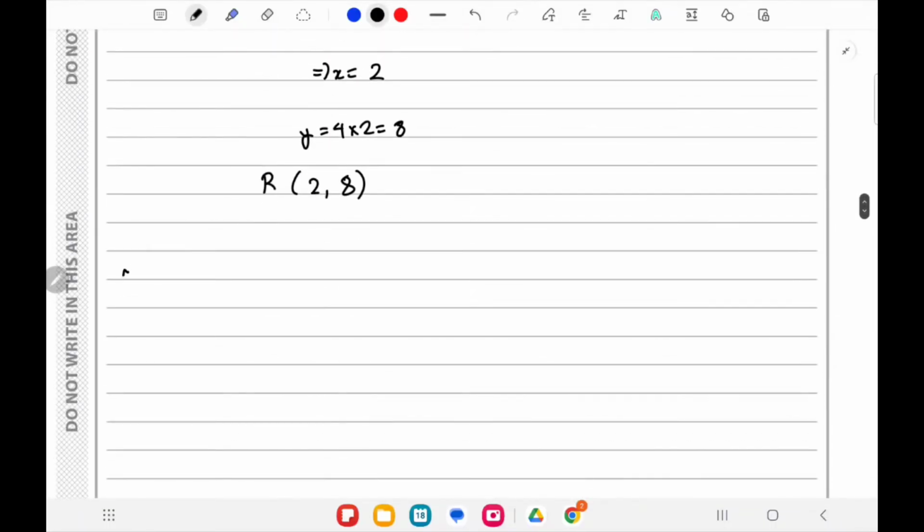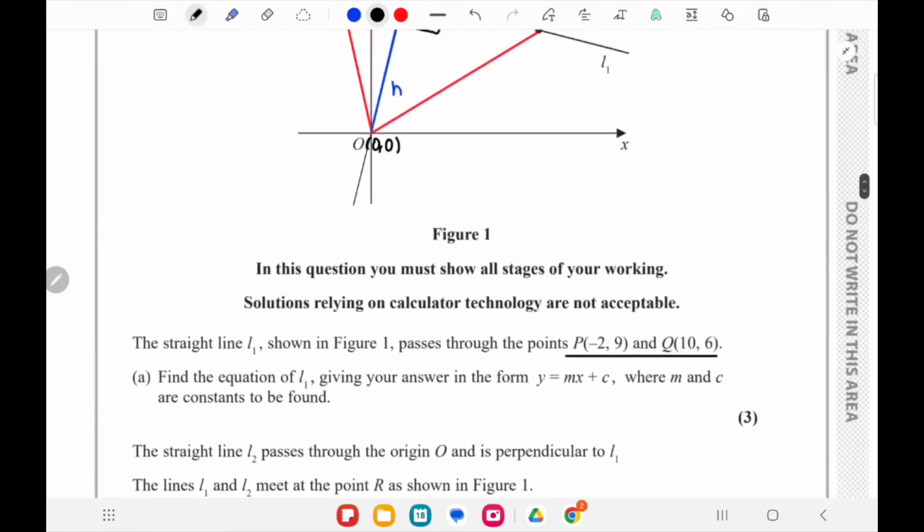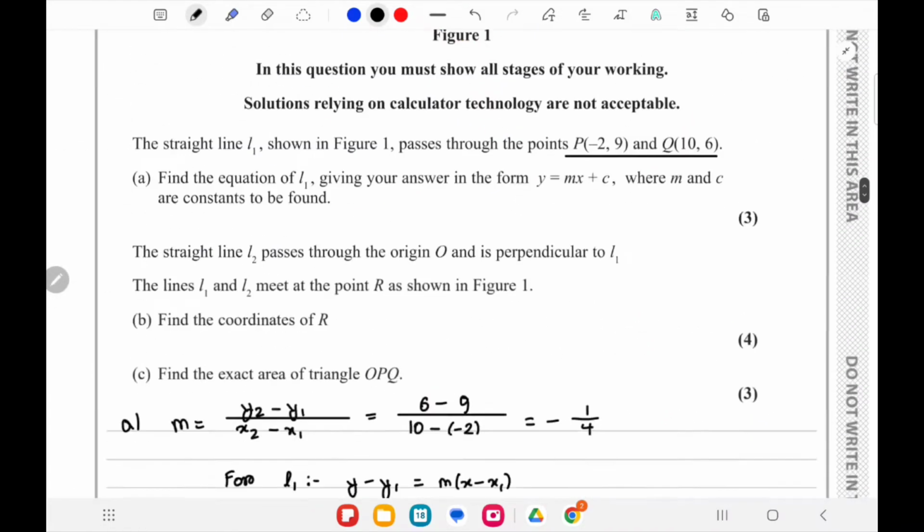So the height of the triangle would be OR, which would be the magnitude of OR, root over 2 square plus 8 square. Root 68, which is 2 root 17, and the base of the triangle would be PQ.